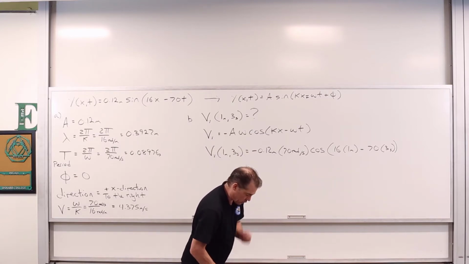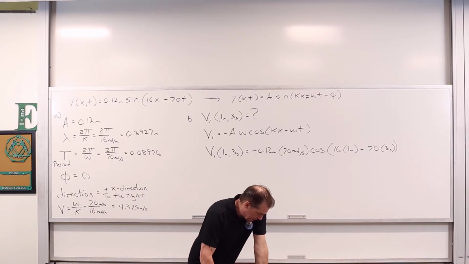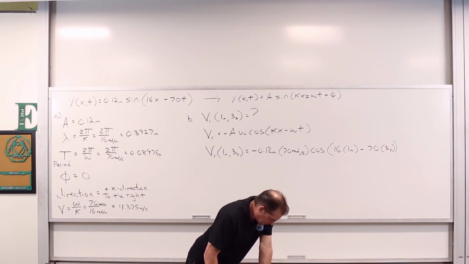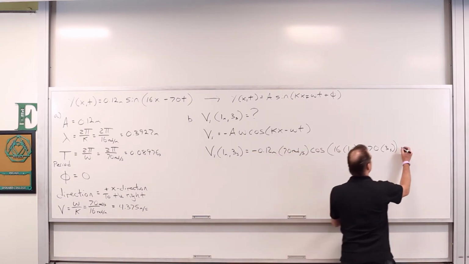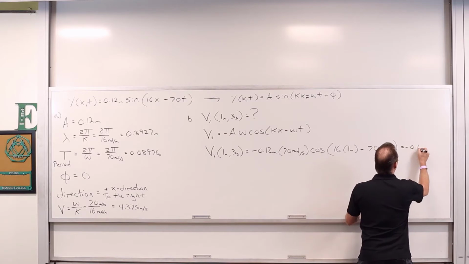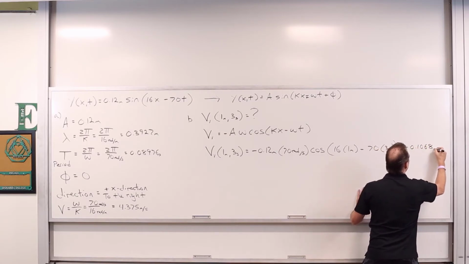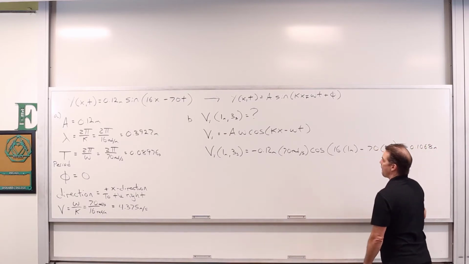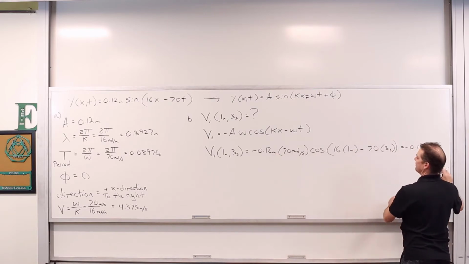And get ourselves a transverse velocity of negative 0.1068, and that will be meters per second.